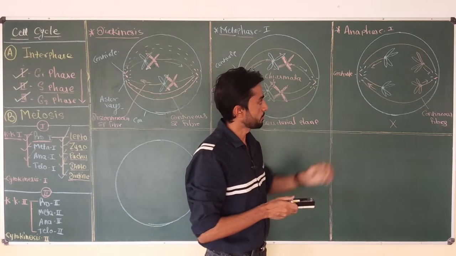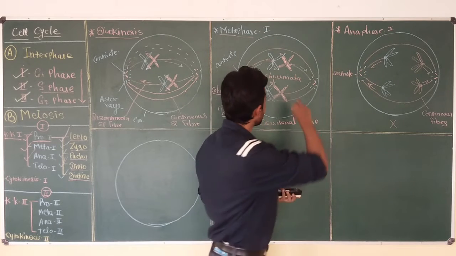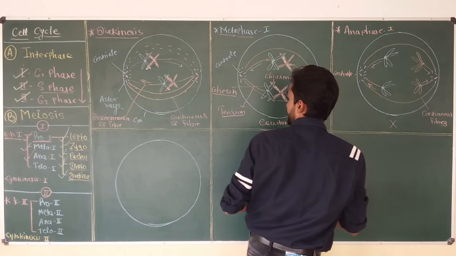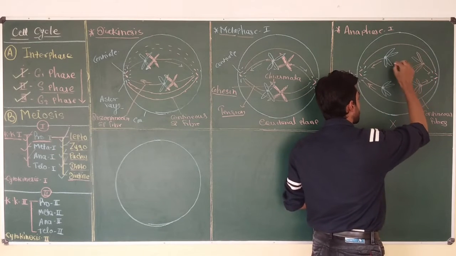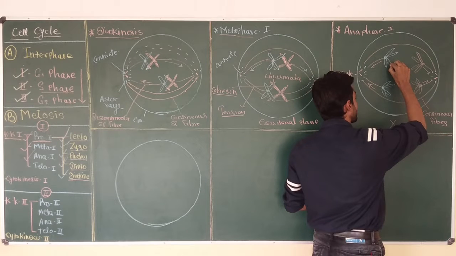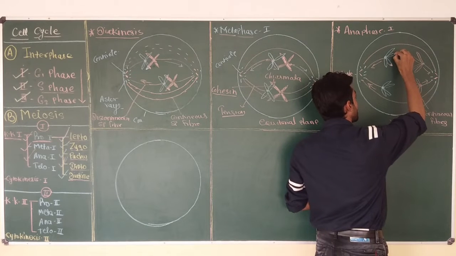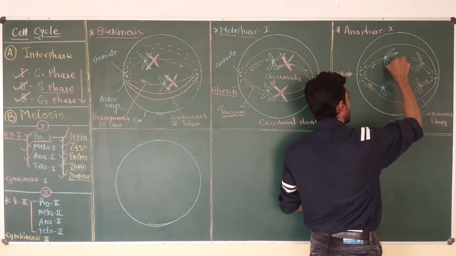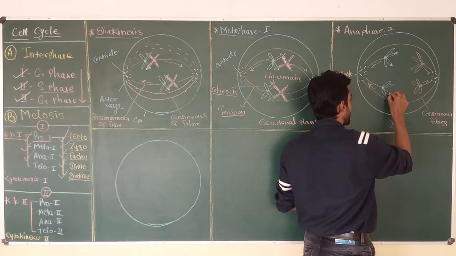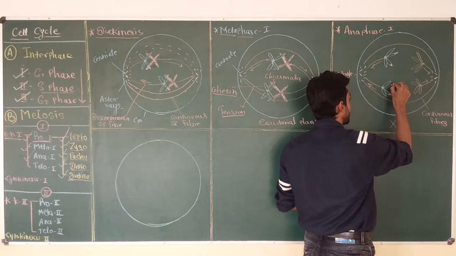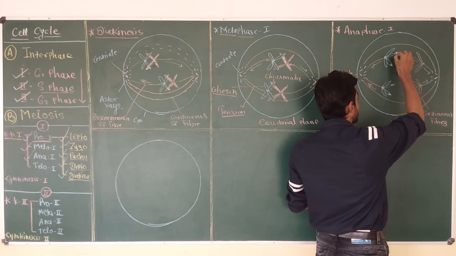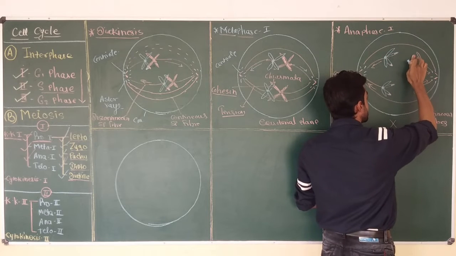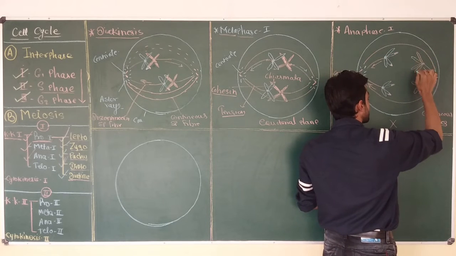Okay, you have to remember that due to crossing over which occurs in prophase 1, a small fragment of this chromosome is attached with the non-sister chromatid of the opposite chromosome, while the same fragment of the first chromosome is attached with this chromosome too.